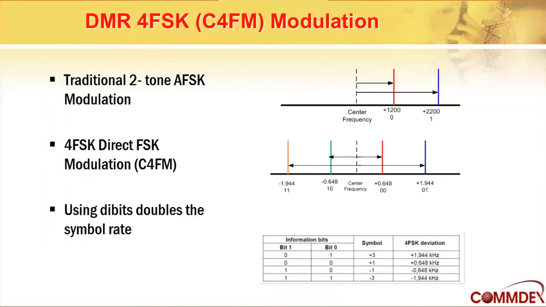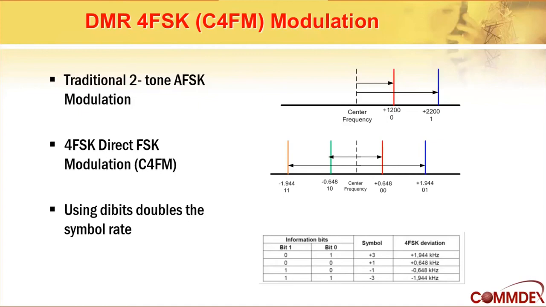We're going to talk more about this in the modulation section, but DMR, just like P25, uses 4FSK, also known as C4FM. And this diagram shows that in the legacy type of audio frequency shift keying, we had 2 audio shifts off of the center frequency at 1200 and 2200 that represented a 1 or a 0.